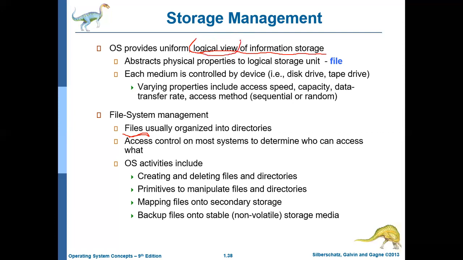Why do we provide this logical view? Because the user is more comfortable with the logical view than the real view. The real view would mean saying that it is stored in this particular track and sector, starting from this track and sector and ending at that track and sector. An end user may not appreciate that. So in that context, a file is a logical view of the information storage.